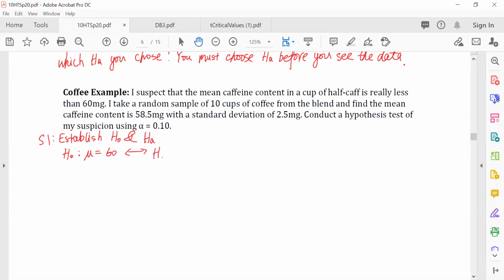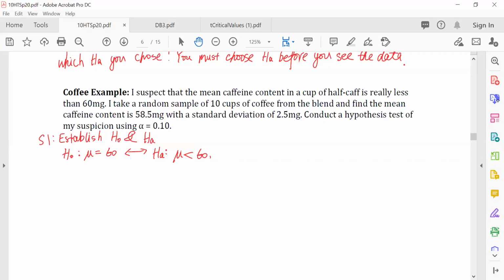The alternative hypothesis is the research question, what we try to find out. What is the new theory that we proposed? I suspect that the mean caffeine content in a cup of decaf coffee is really less than 60 milligrams. So that would be mu less than 60.